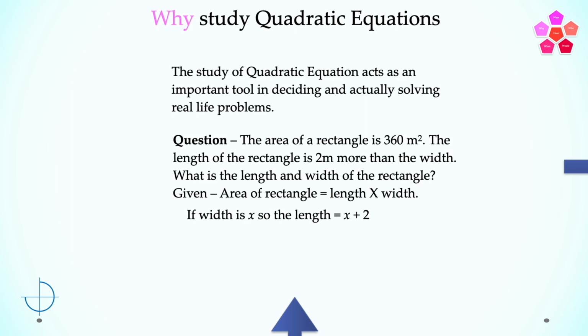Now the area is equal to length into width, so we have (x plus 2) into x, which is equal to 360 meters square. On simplification, this becomes x squared plus 2x minus 360 is equal to 0, which is actually a quadratic equation.